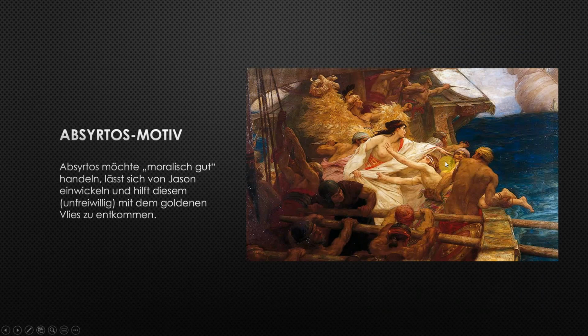Because the Absyrtos myth is the part of Jason and the Argonauts, where Jason got the golden fleece from the king. Jason again is the Dionysian figure, the trickster god, the deceiving, the clever Odysseus-like figure, and the king is the Apollonian figure because he has the golden fleece, and they're all kind of Apollonian signals, which Mark Braham points out in his writings.